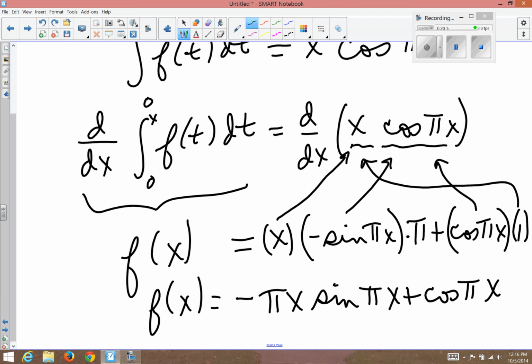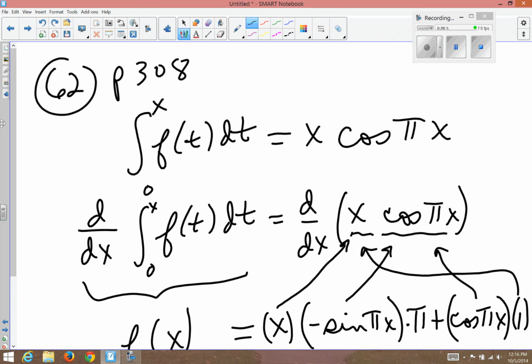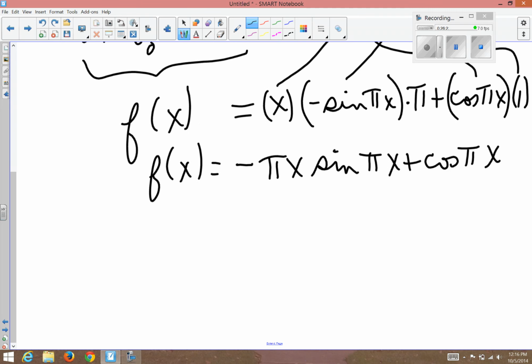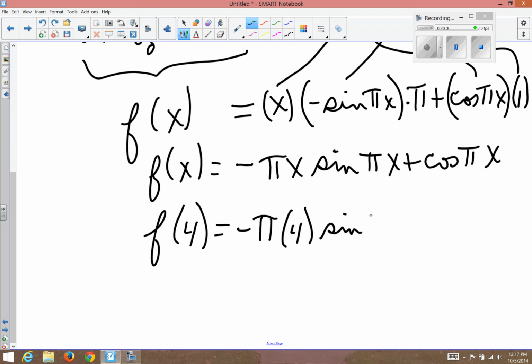So I took what was given, I took the derivative of both sides, because we ended up with f of x equals something, and the question is find f of 4. Now that we have f of x, find f of 4. It's negative pi times 4 times the sine of 4 pi plus the cosine of 4 pi.